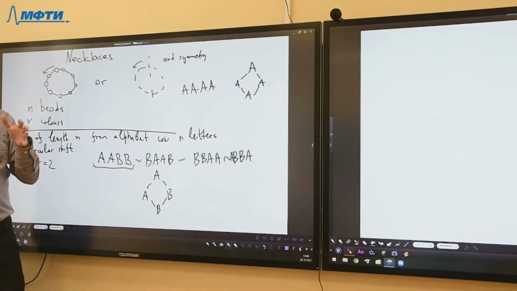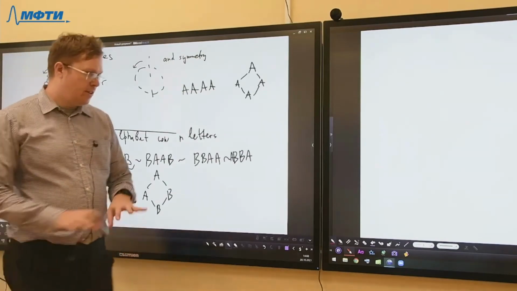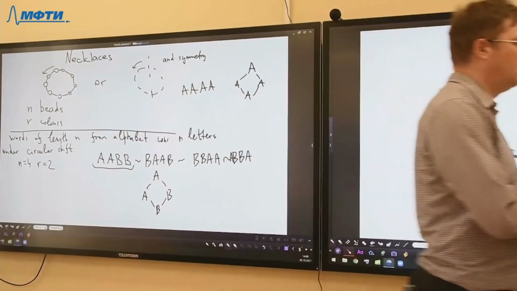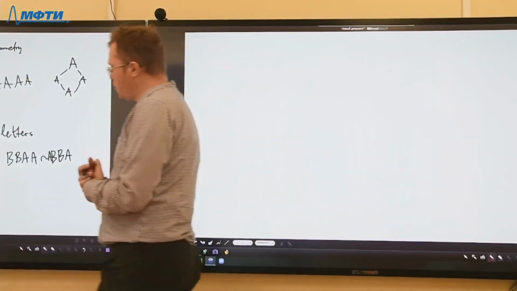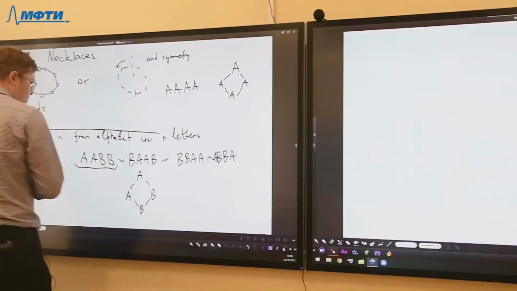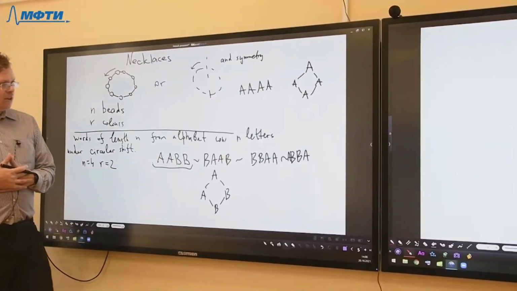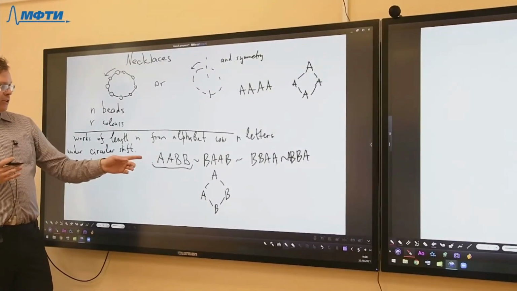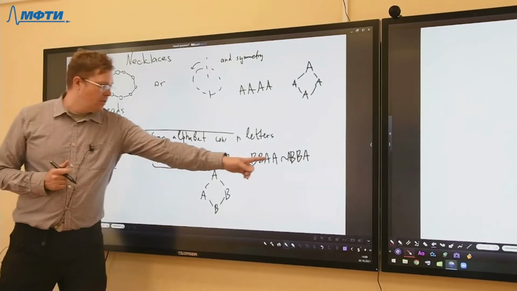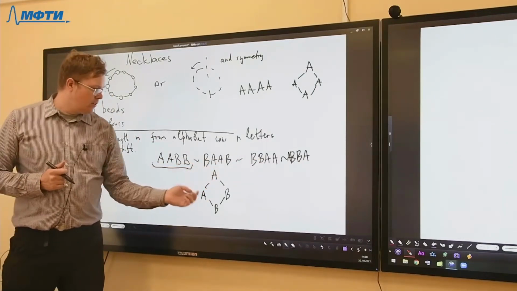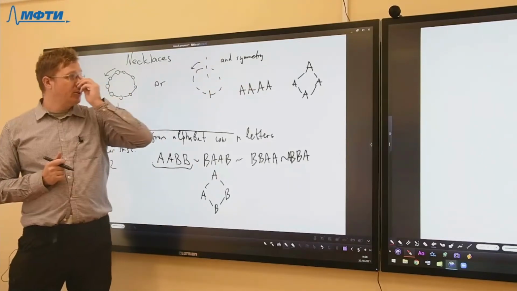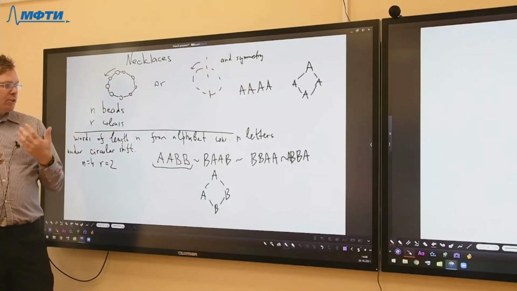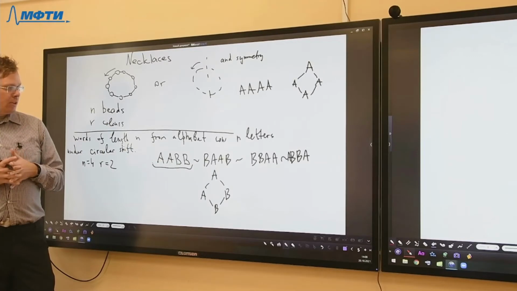So we actually want to calculate not the words but the necklaces. In this case, four words became one necklace, and here one word became one necklace. So what different types of situations can be met here?